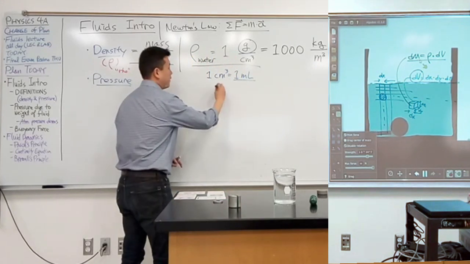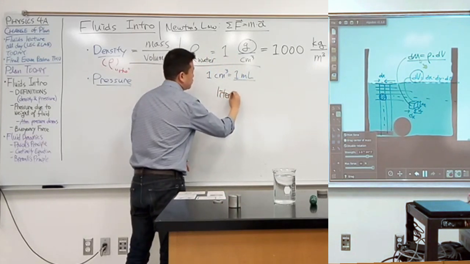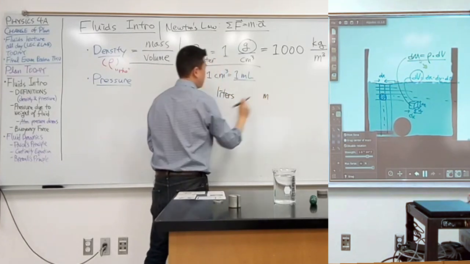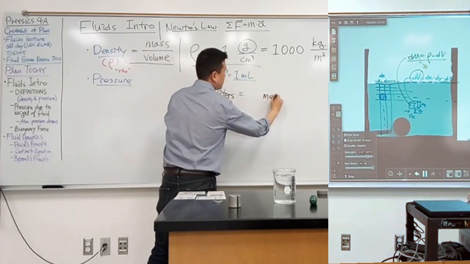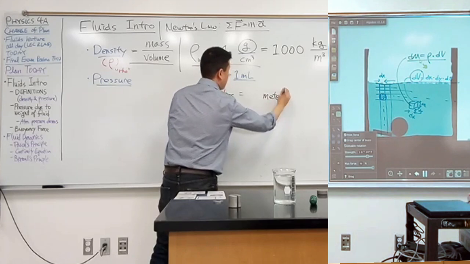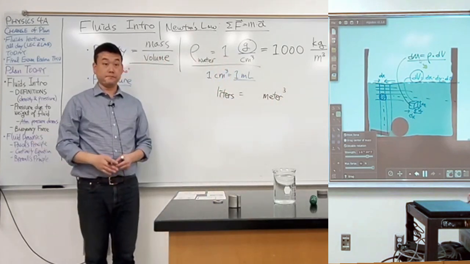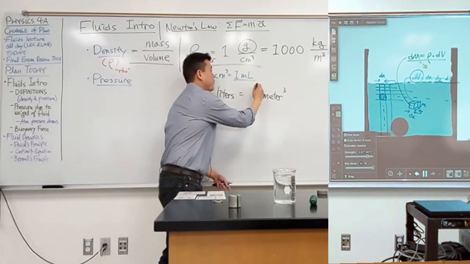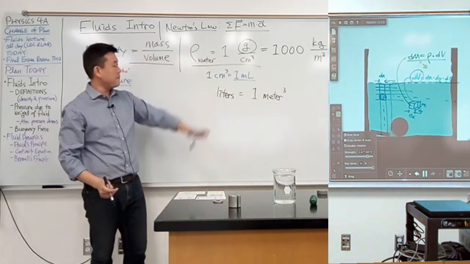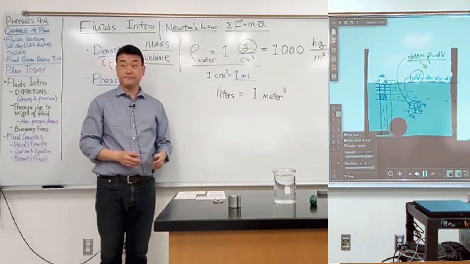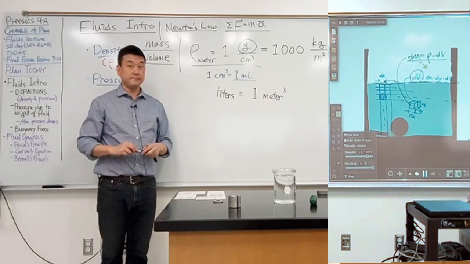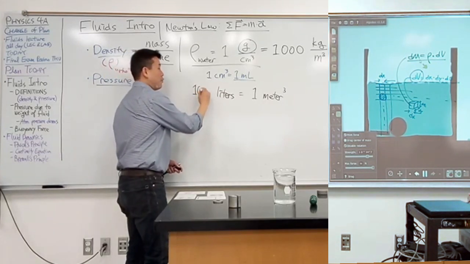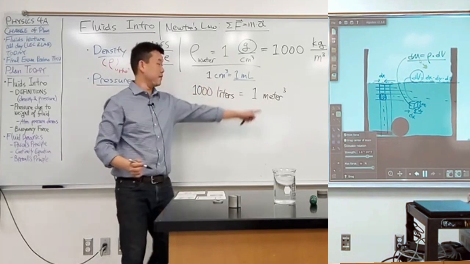So if we are comparing liters to cubic meter, which is bigger? Cubic meter is bigger by how much? So let's say 1 cubic meter is equal to some number of liters. 1,000 liters? Everyone agrees that sounds about right? 1,000 liters is 1 cubic meter.